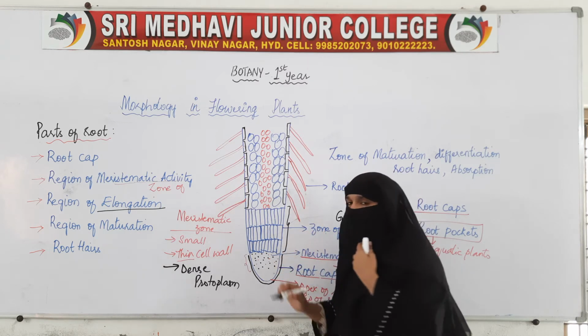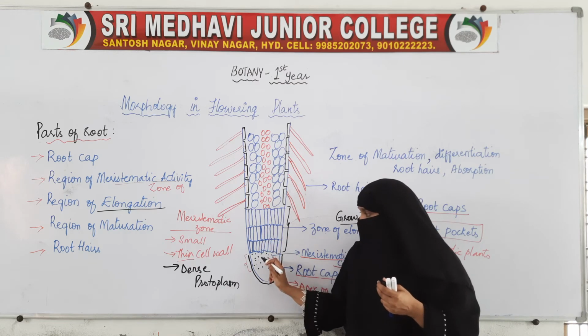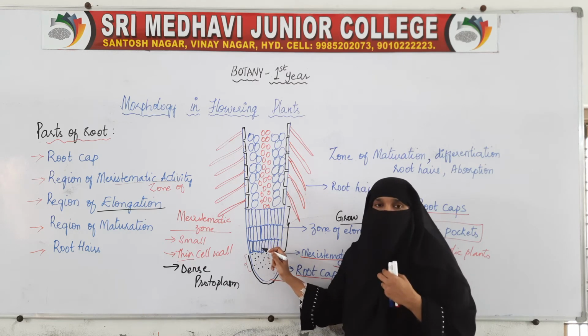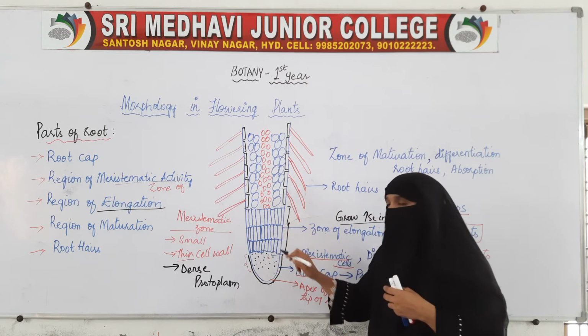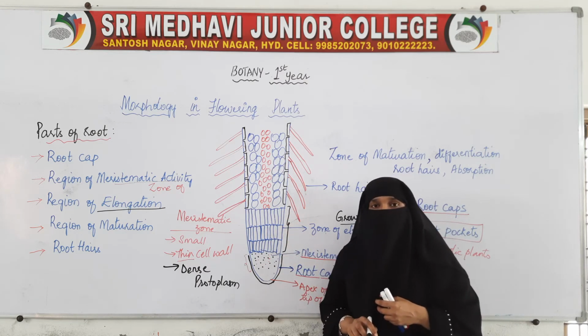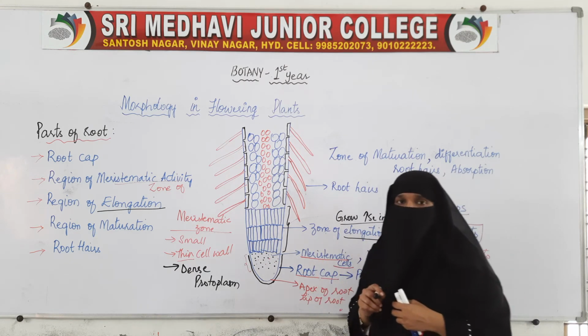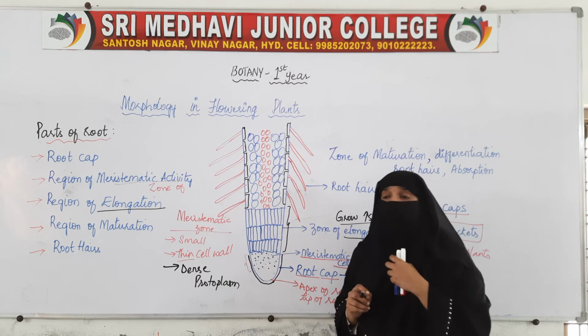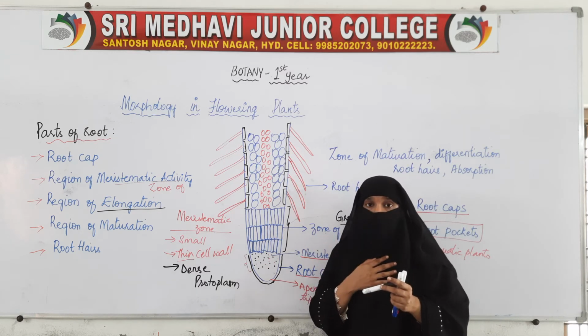So the small cells will elongate themselves and grow in size. This region where the growth of the cell is seen is called the zone of elongation.